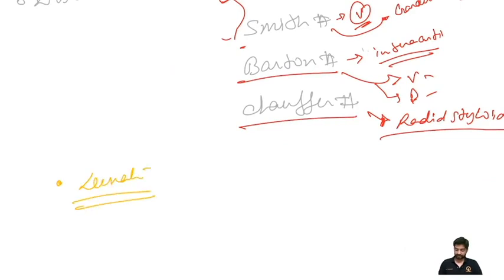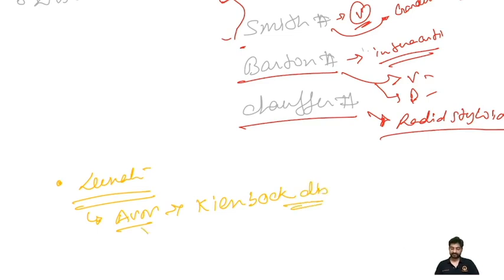So the first question can be asked regarding the avascular necrosis of lunate, which is known as Kienbock disease.